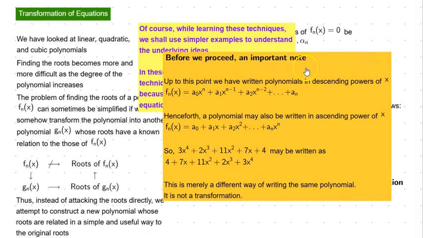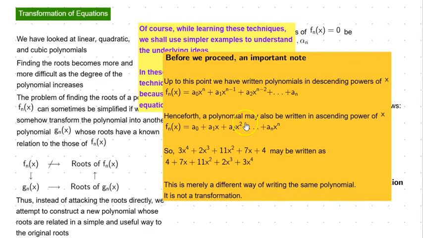Now, before we proceed, an important note. Up to this point, we have written polynomials in descending powers of x. f sub n of x equal to a sub naught x to the power of n plus a sub 1 times x to the power of n minus 1, and so on up to a sub n.